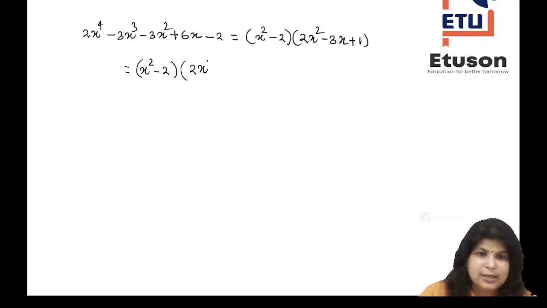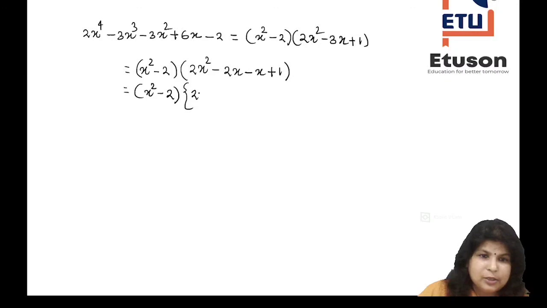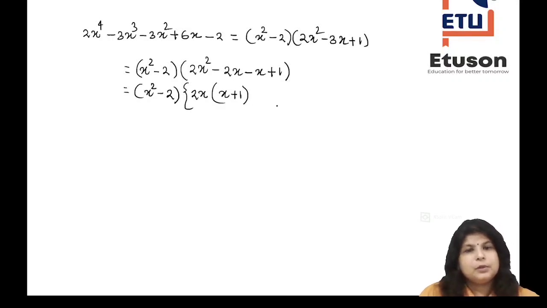So can I write like this? 2x square minus 2x minus x plus 1. Correct? So now you will get x square minus 2. Here you take 2x common, you will get x plus 1.